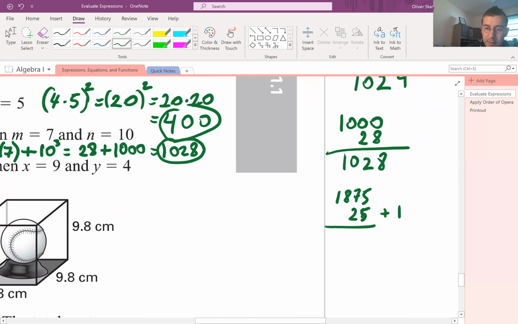Okay, so 5 plus 5 is 10, 0 and 1. 7 plus 2 is 9 and the 1, 10, 0 and 1. 8 plus 1 is 9. So you can see that we are missing 25 to get to 1900 from 1875. And then this plus 1, because this is not 25, it's 26. So we have to add the 1. So this becomes 1901.